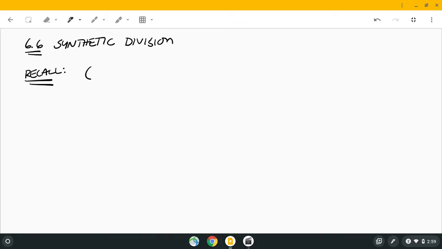So if we had something like this polynomial, 20 minus 11x plus 4x cubed minus 5x squared divided by x minus 2.